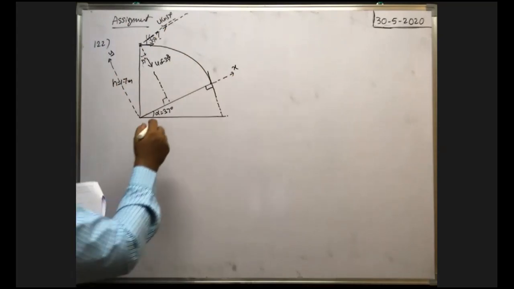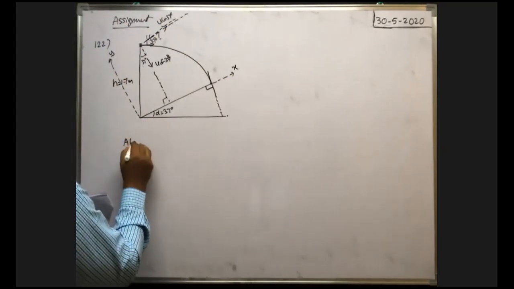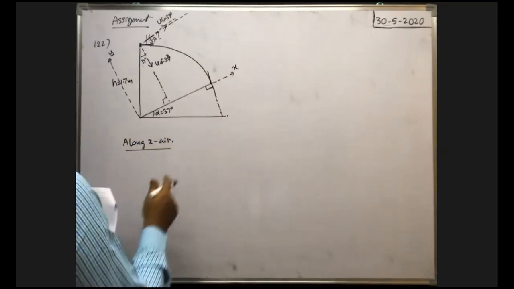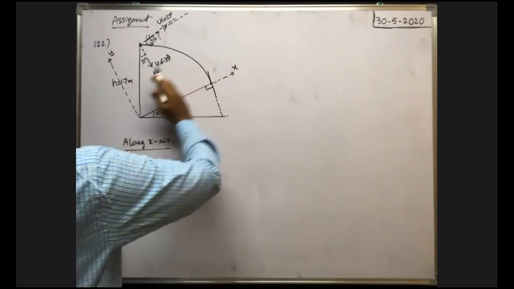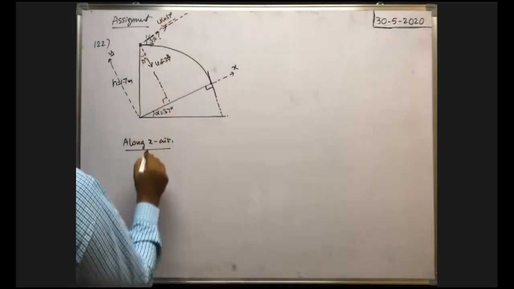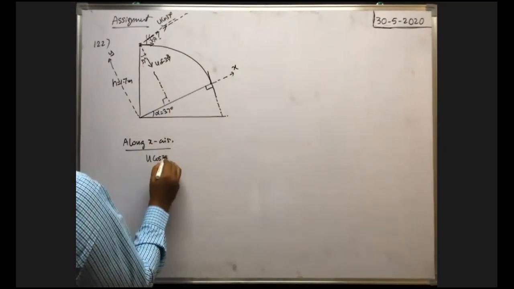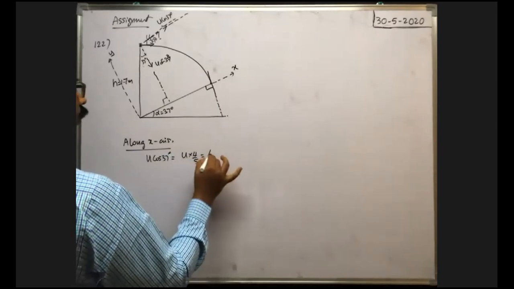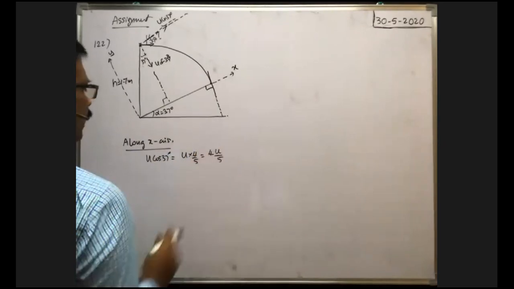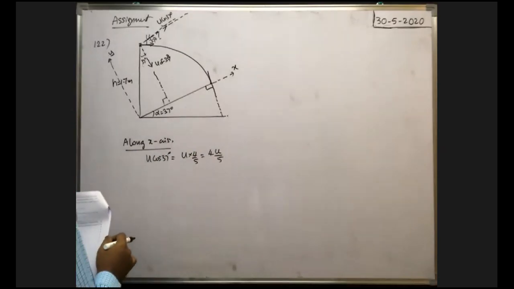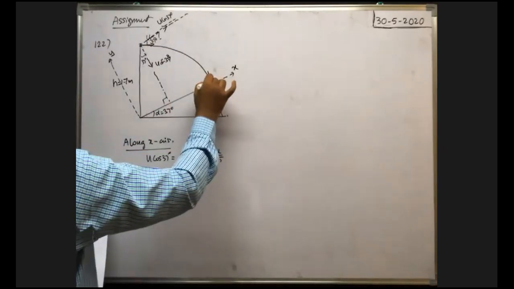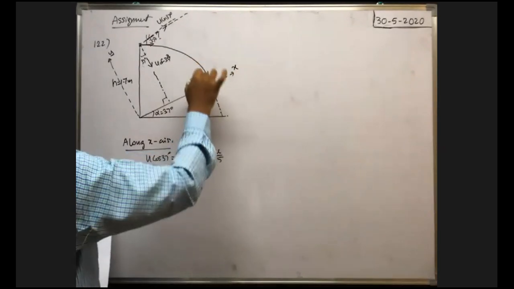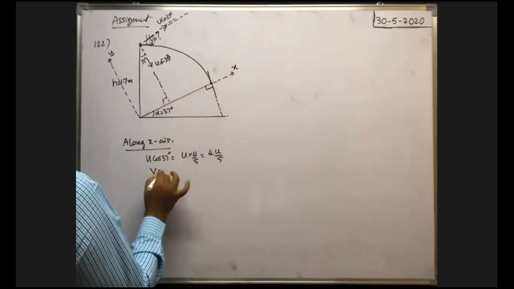Initially the particle has velocity u cos 37, which is u into 4 by 5, therefore 4u by 5, the initial velocity along the x-axis. Whenever it reaches the inclined plane, the velocity along the x-axis becomes 0 because it strikes the inclined plane normally. That's why the final velocity along the x-axis is 0.